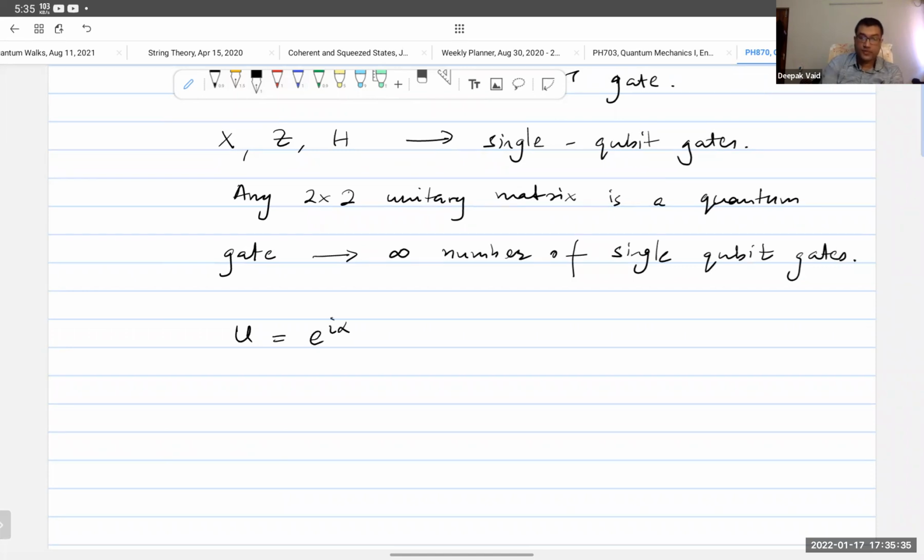So any single qubit unitary can be written in this way.